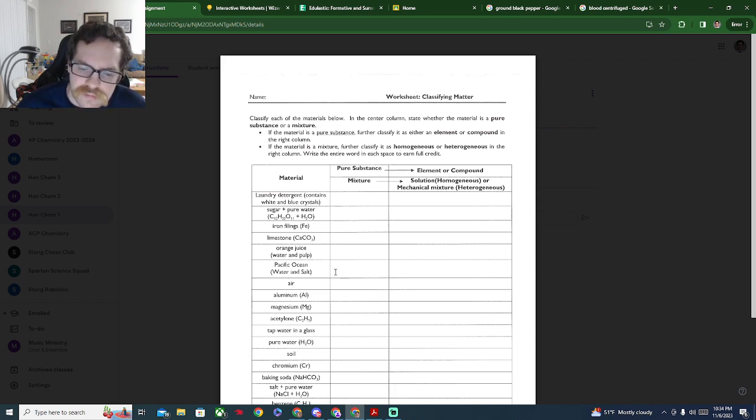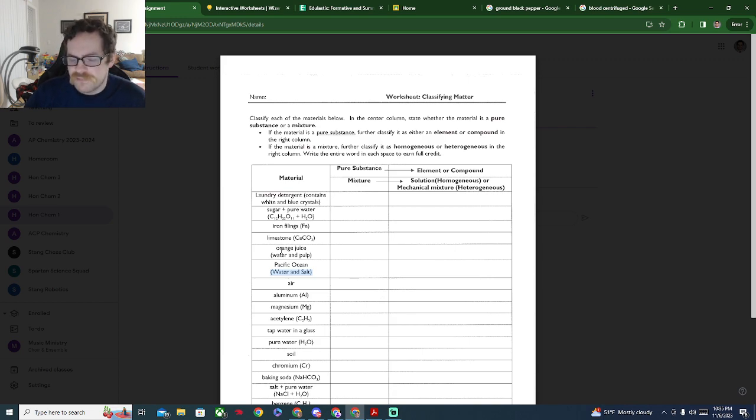The Pacific Ocean. Well, it might be mostly water and salt, and we might look at the ocean first and want to classify it as a homogeneous mixture. But think of all the stuff in the ocean, the tiny microorganisms that are floating around, all that fish poop, right?